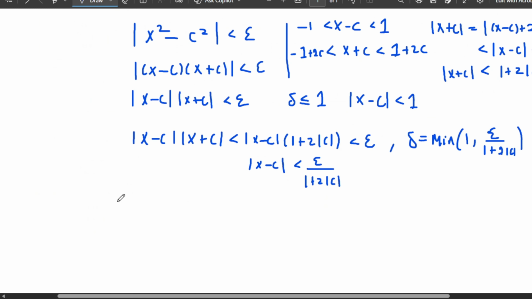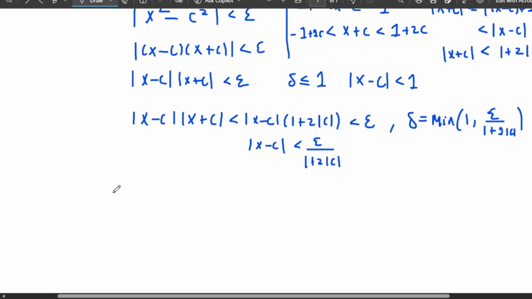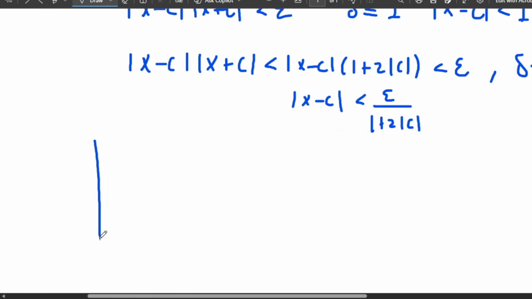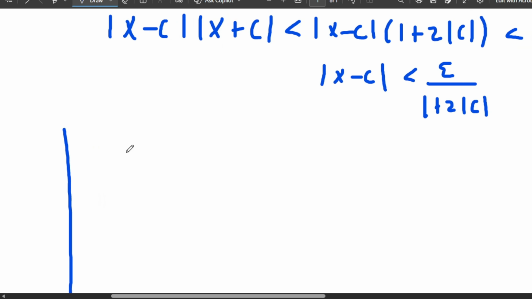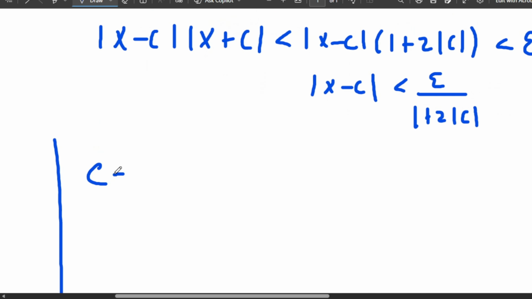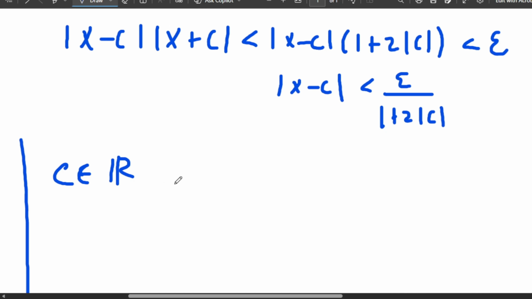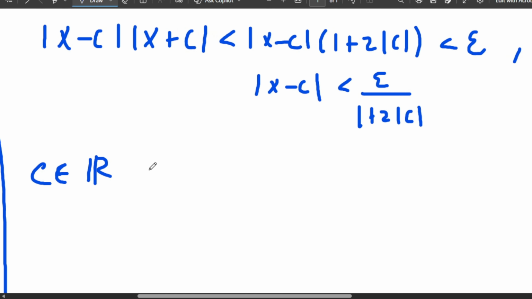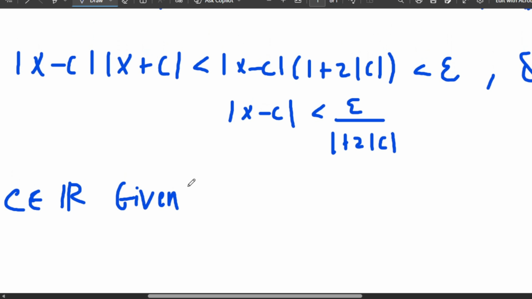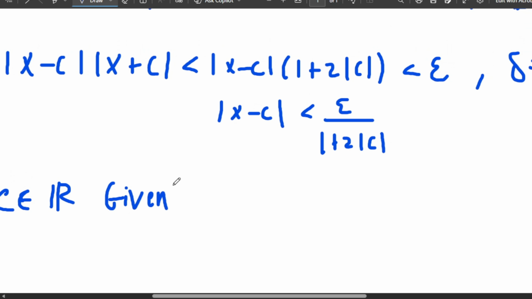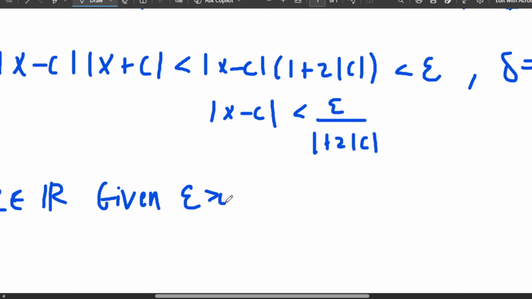Okay, so using the formal definition, C is a real number. C was given, epsilon was given, epsilon is greater than 0.